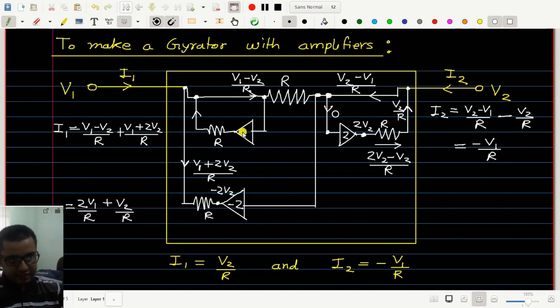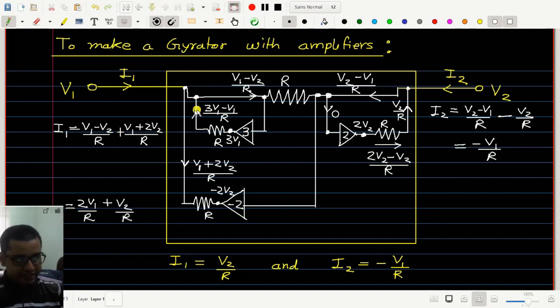Now if I take this gain to be equal to 3, then this voltage here is 3V1, and then this current will be 3V1 minus V1 divided by the resistance R. So this is 2V1 by R in the backward direction.